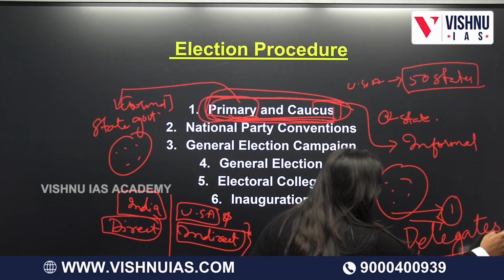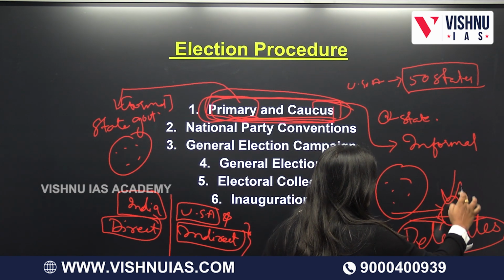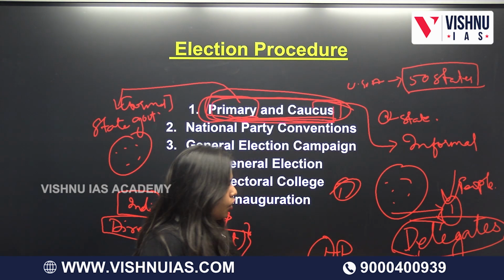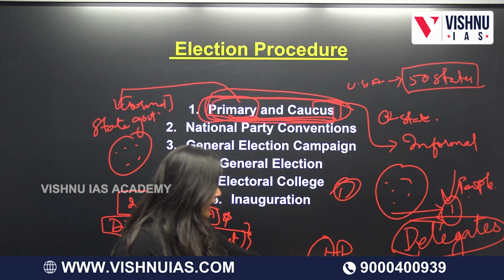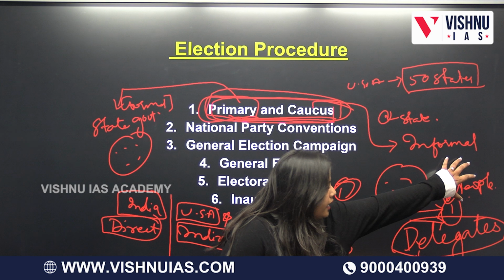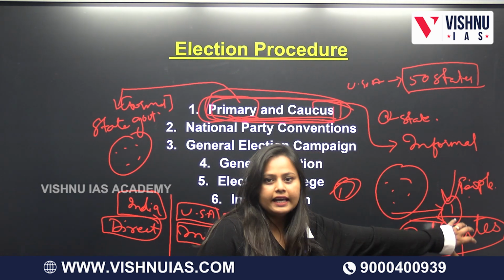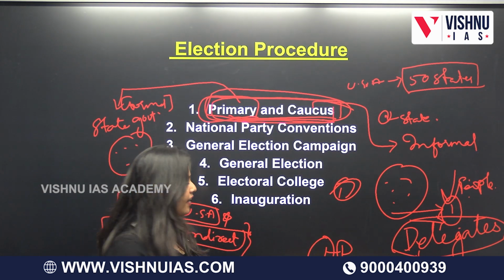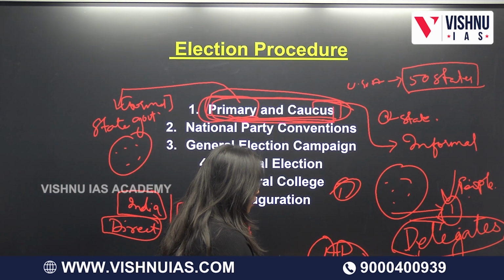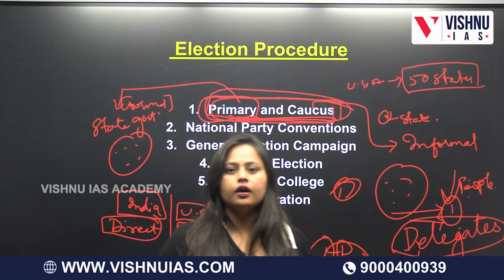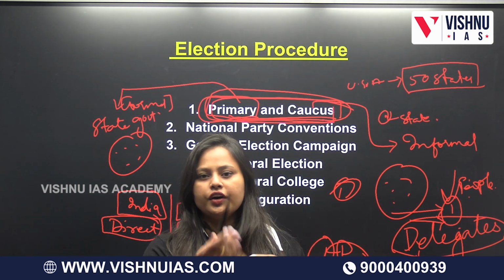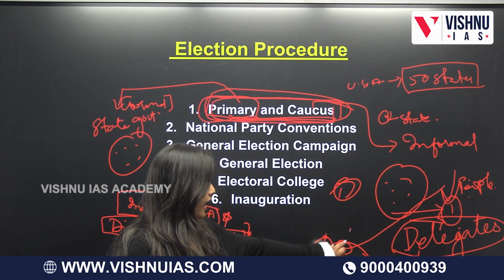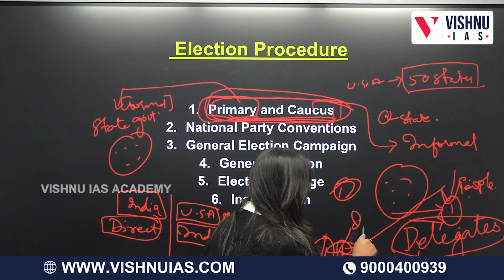The ones who elect these delegates are the people, the citizens. So people are not directly electing the president, people are electing their delegates. Delegates will nominate their preferred presidential candidate, and this candidate will debate and continue the process further. So people are not directly electing, so this is an indirect election.